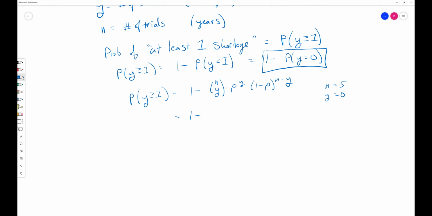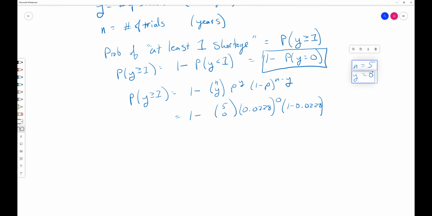So we do 1 minus 5 choose 0 times our probability 0.0228 to the 0, so we put that in there. 1 minus 0.0228 to the 5 minus 0. And then we can calculate this out, and we end up with 0.11 or an 11% chance.